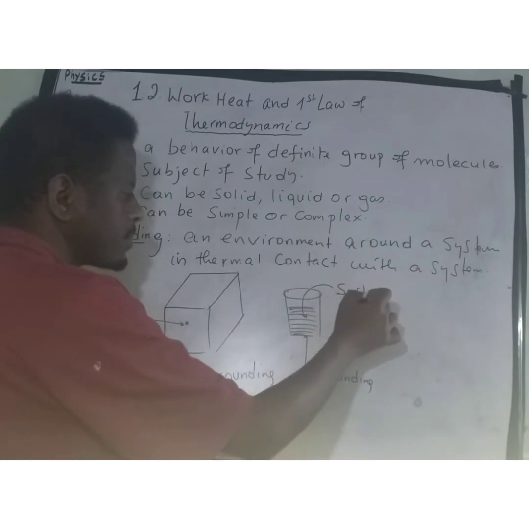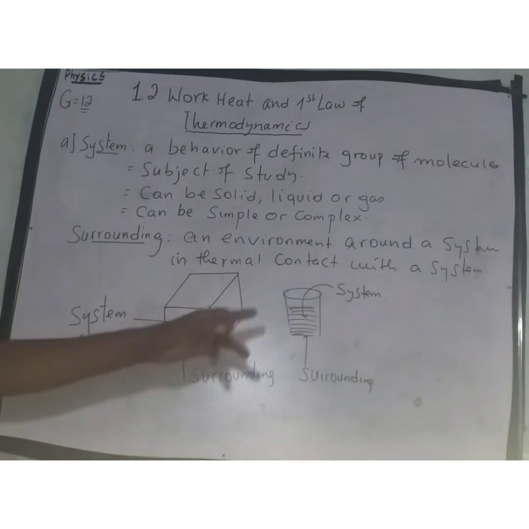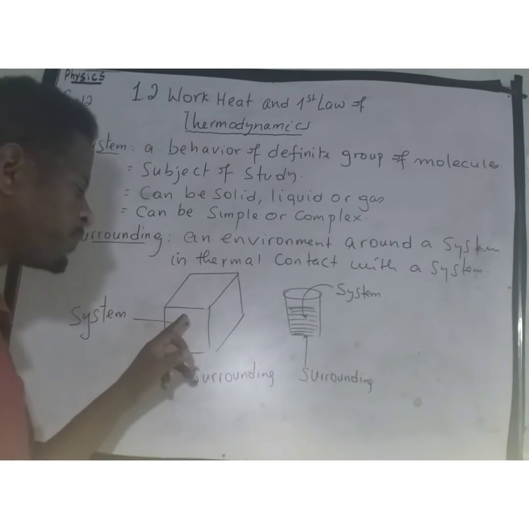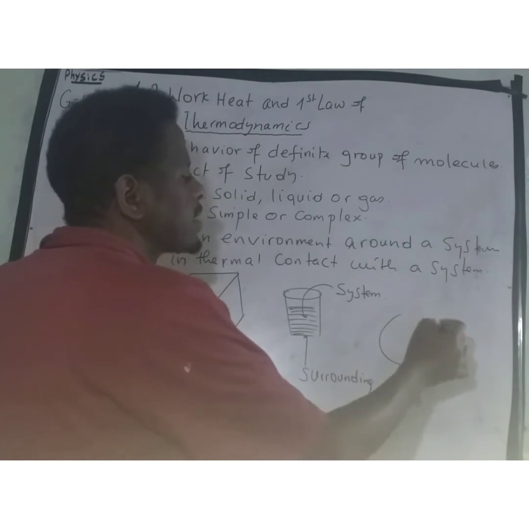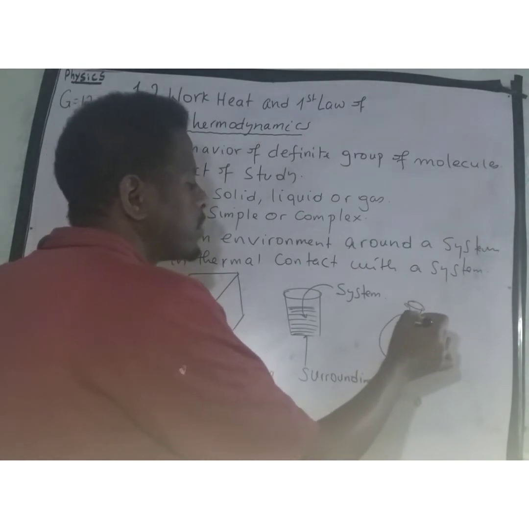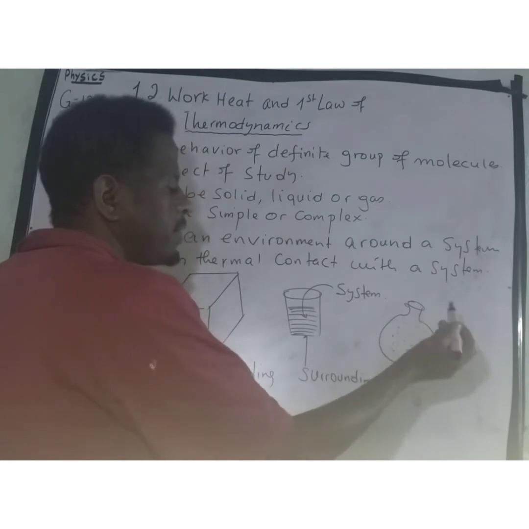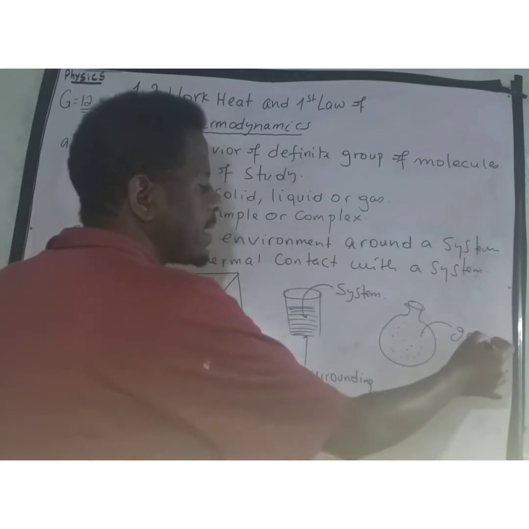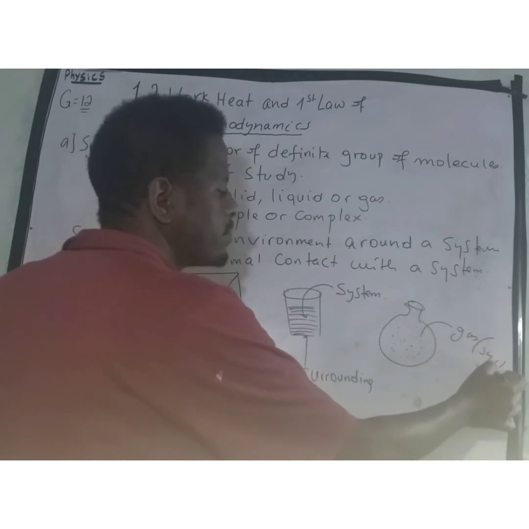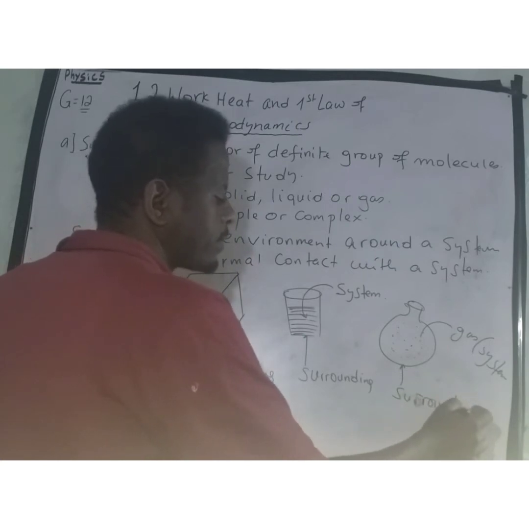A system can be a liquid, a solid, or a gas. If we want to study the behavior of a gas in a balloon, the gas is the system, and the balloon is the surrounding.